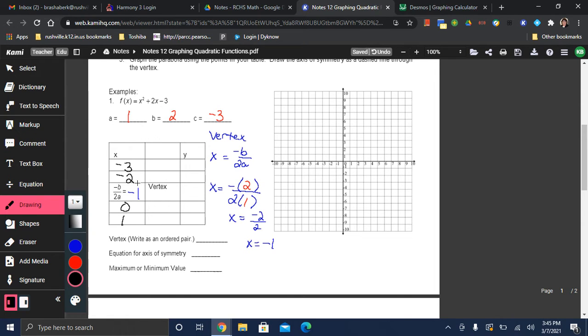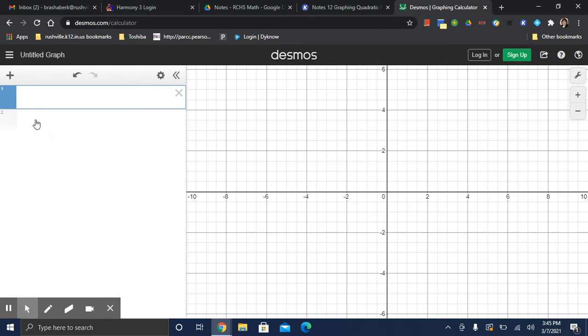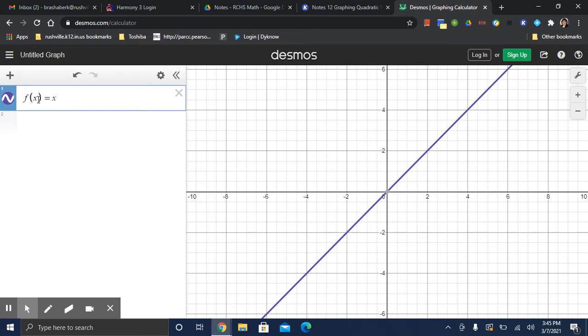Now, once you have those numbers established, then you may go to Desmos, and we're going to type this in, and Desmos has a table feature that we'll be using to find your other y values. So remember that your equation is f of x equals x to the second plus 2x minus 3. Going to Desmos, I can type in f of x, or I can type in y equals x.